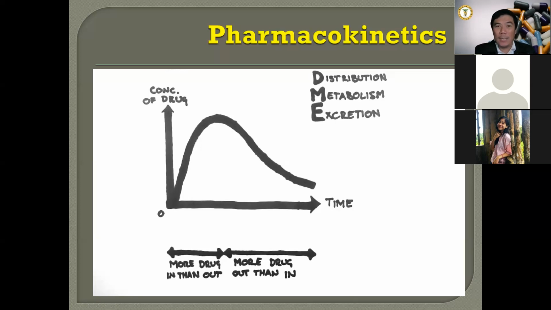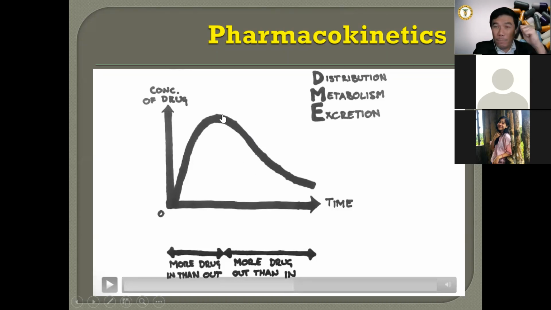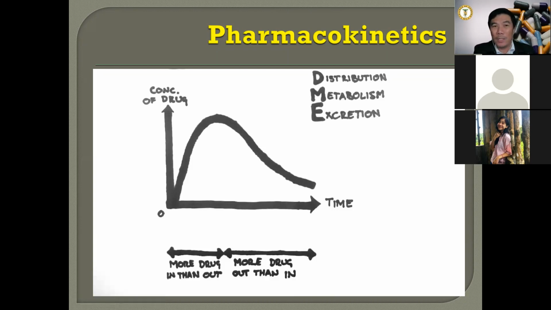That's why, for instance, if the drug reaches this point of peak concentration level, the liver and the kidney will now function immediately to remove the excess properties of the drug.